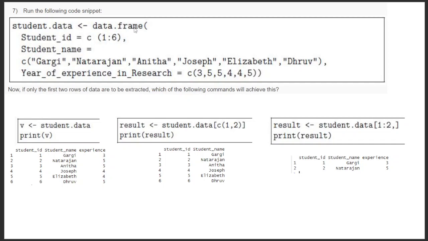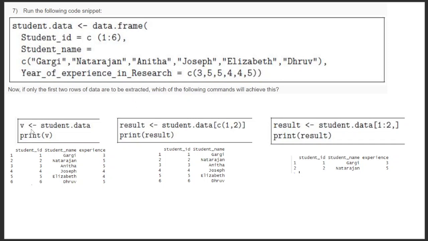First we define the student IDs from 1 to 6. Then we introduce the next set of values, student names from Gargi onward. Then the next column is years of experience in research, which is 3, 5, 5 respectively.